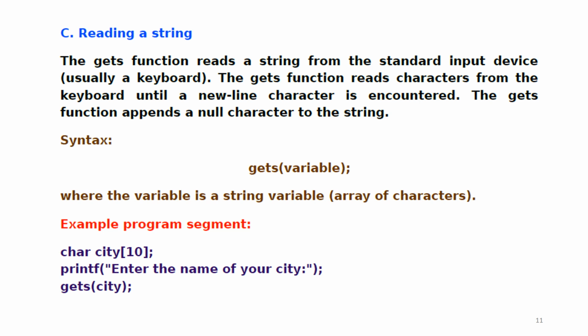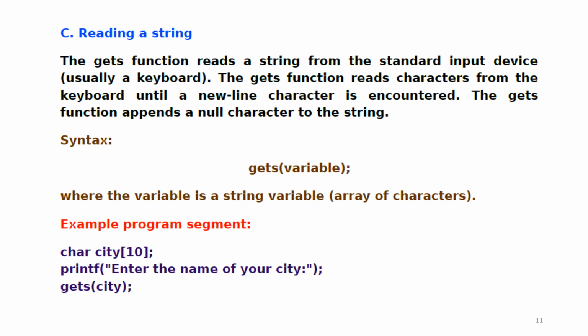The gets function appends a null character to the string. The syntax is gets, within the parenthesis the string variable, where the variable is a string variable, the array of characters.